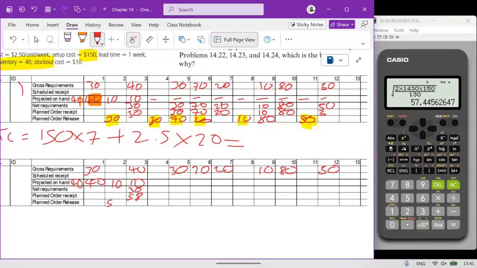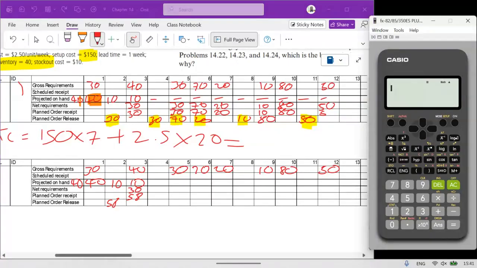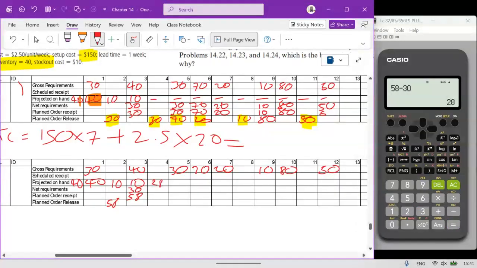That's what you are allowed to order. Then 58 minus 30, we have 28 on hand. The difference is 2, but unfortunately we can't order that. We must always order 58 regardless. You see that?